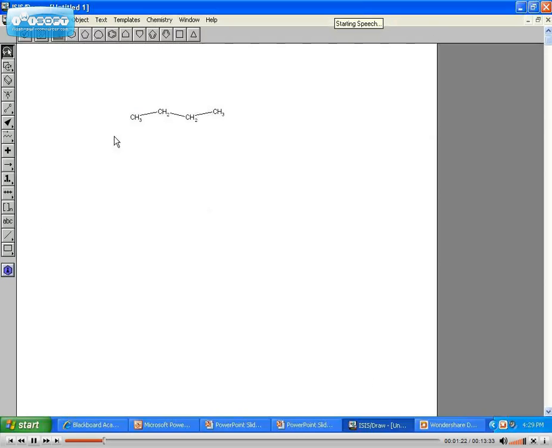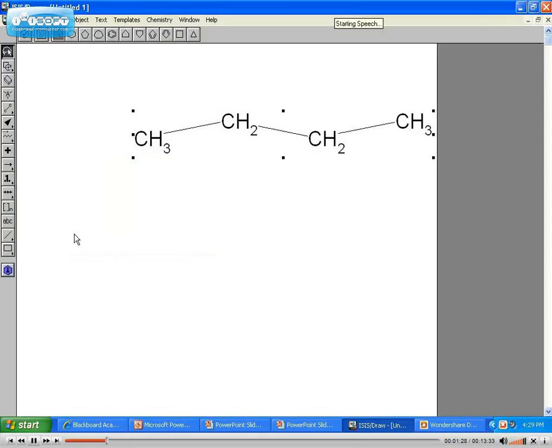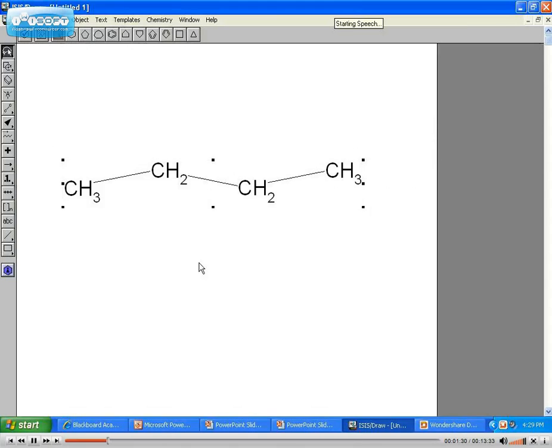So here's a nice example right here. In this molecule, using ISIS Draw, we can see a molecule. This is an example of an organic molecule because it clearly contains carbon.